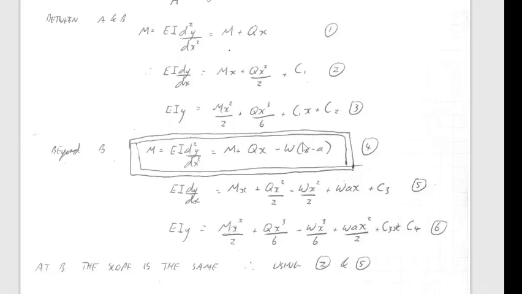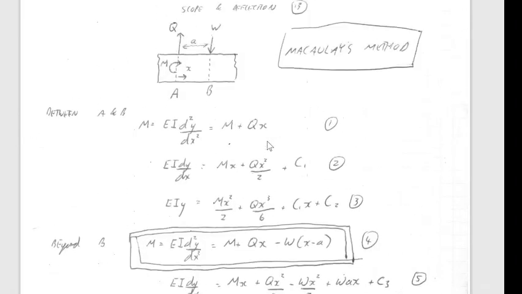We expanded this term here, this term which was due to that load. We expanded all of the individual terms. We integrated all of those with respect to x, and then we've added our constant of integration. So we've now got 4 constants of integration, C1, C2, C3, and C4.